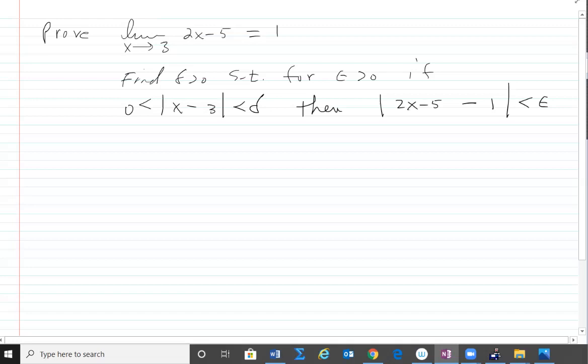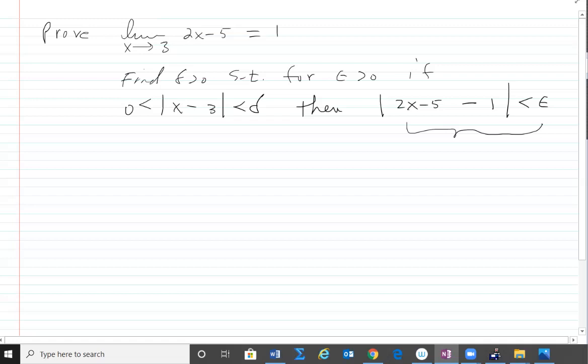So what we'll do is we'll start with this statement here. We are going to try to take this algebraically and see what this implies in terms of this expression. So here's typically how we would do that.